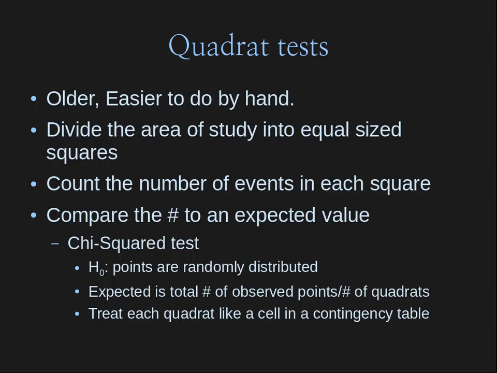So for instance, in my previous example, we have 100 points and 25 quadrats, so I'd expect 4 in each. Imagine I found 5 in one of the squares. It'd be 5 minus 4 all over 4, or observed minus expected all over expected.